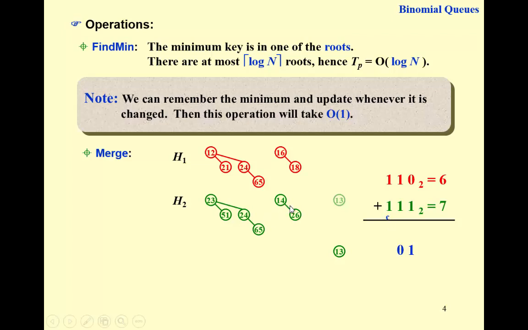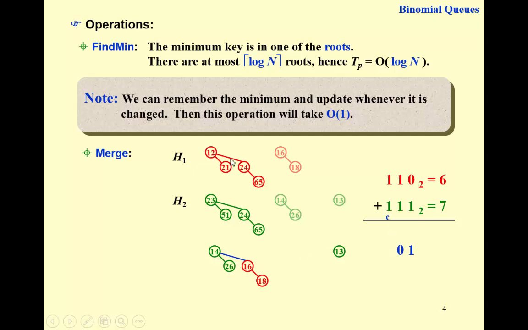So what does it mean here? It means 1 plus 1 means we have two B sub 1s, and let's merge them and carry it over to the next position and keep this position empty. Okay, so that corresponds to the 0. It's a null pointer here.